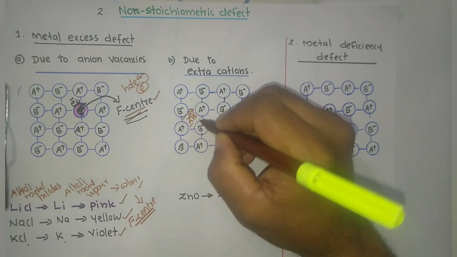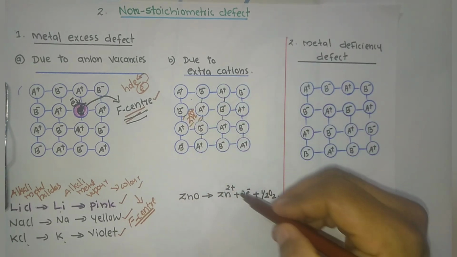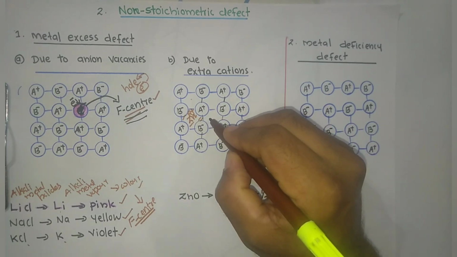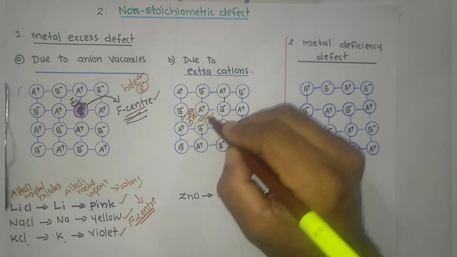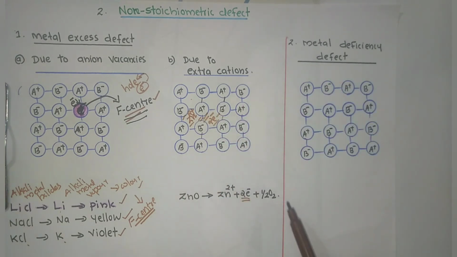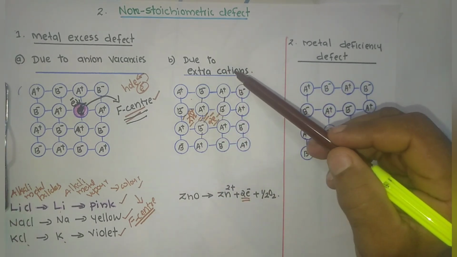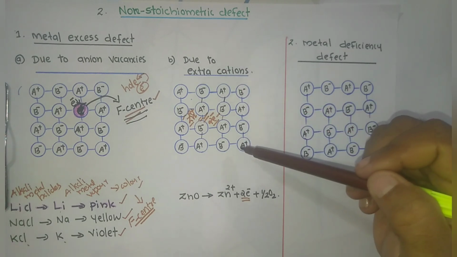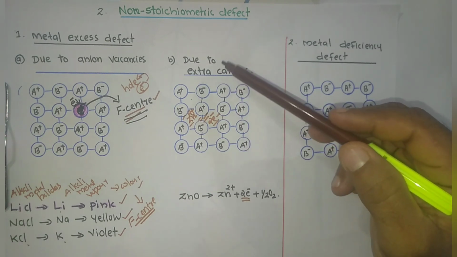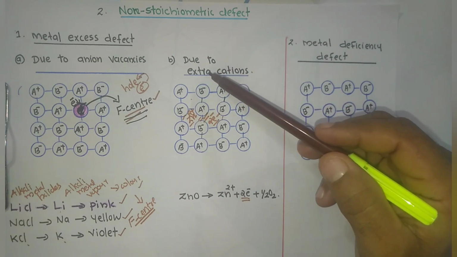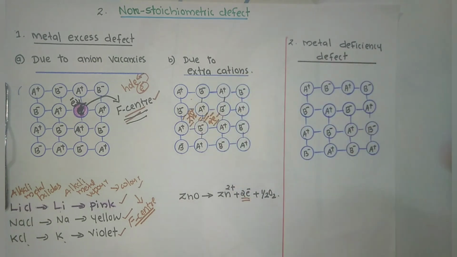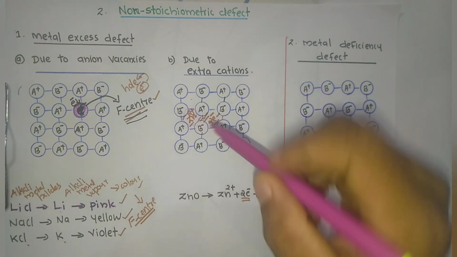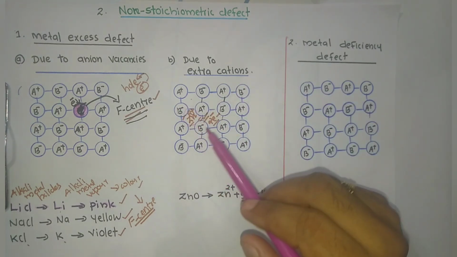Then, in order to get electrical balance, these 2 electrons also occupy the neighboring interstitial site. This is the metal excess defect due to extra cations. Clear? In metal excess defect due to extra cations, some cations occupy the interstitial site.